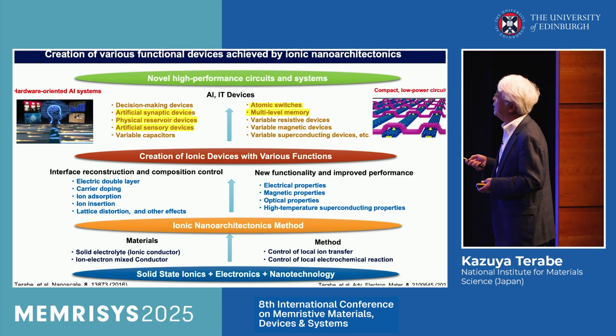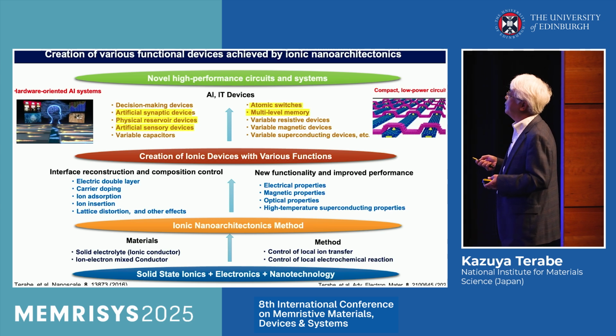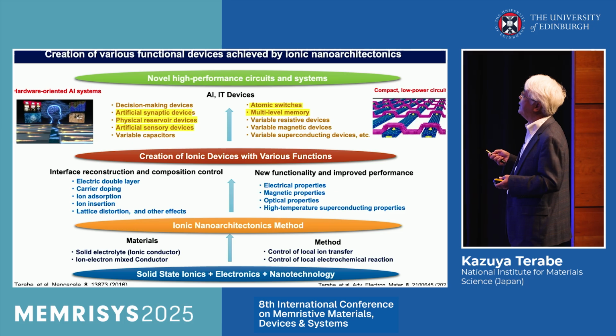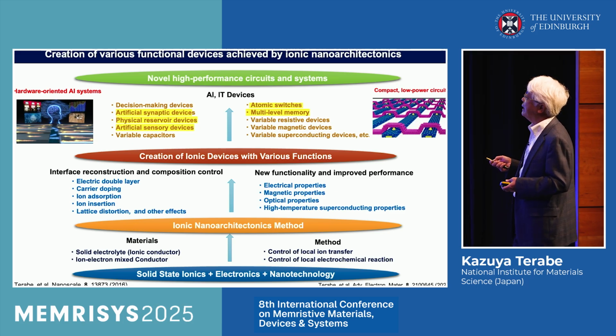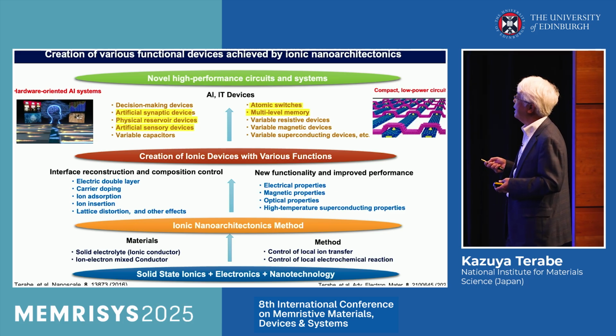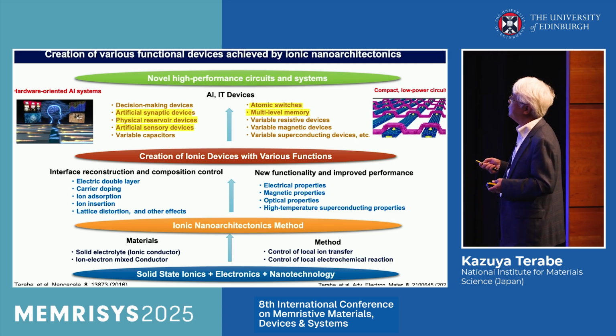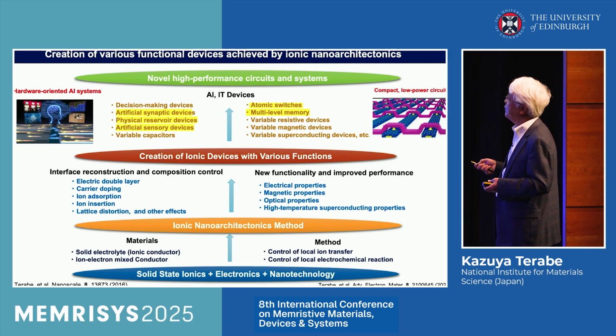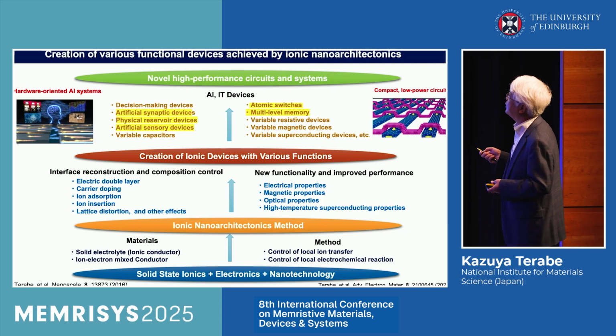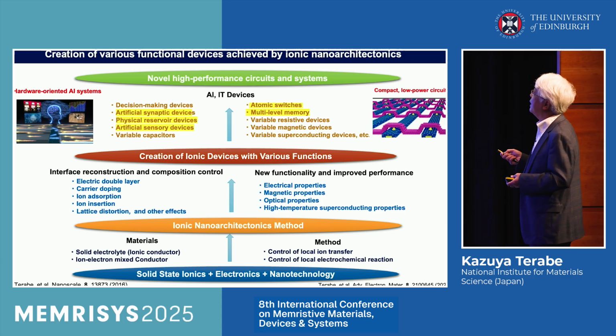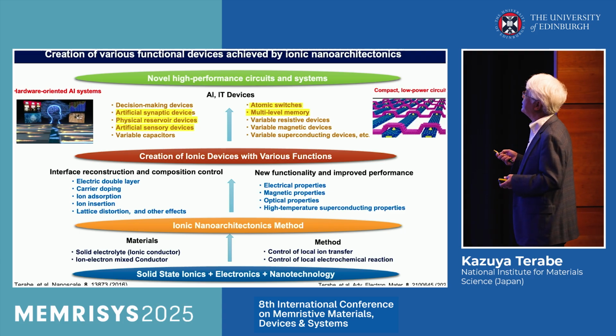So this shows we created many AI and IT devices, such as decision-making devices, artificial synapse devices, physical reservoir devices, artificial sensory devices, barrier capacitors, atomic switches, multi-level memory, variable resistance devices, variable magnetic devices, variable superconducting devices, and so on.